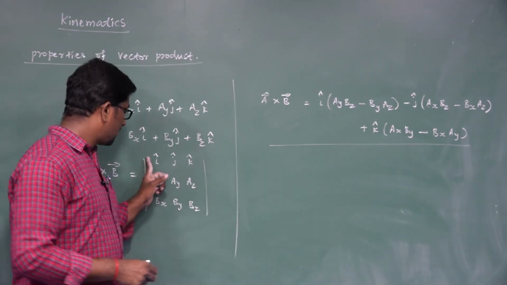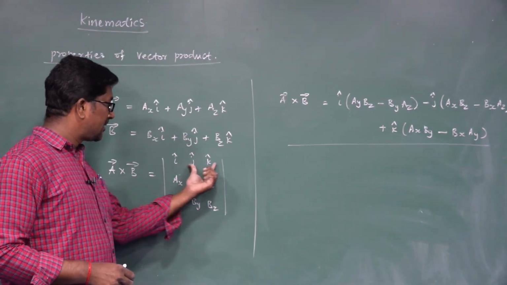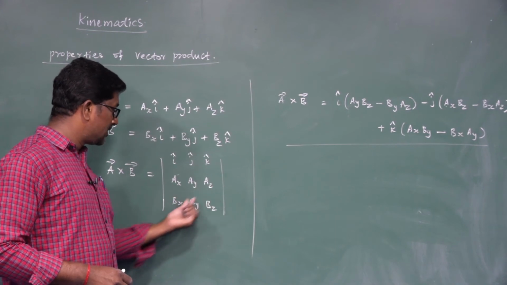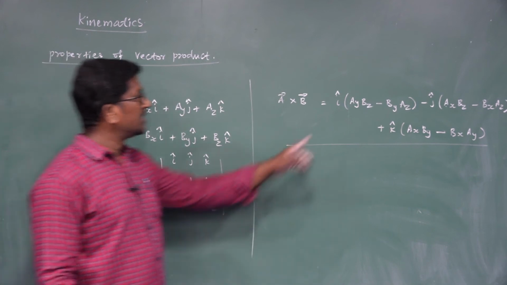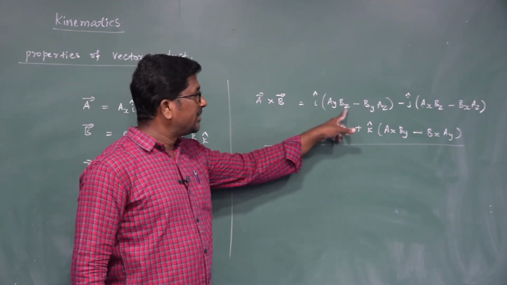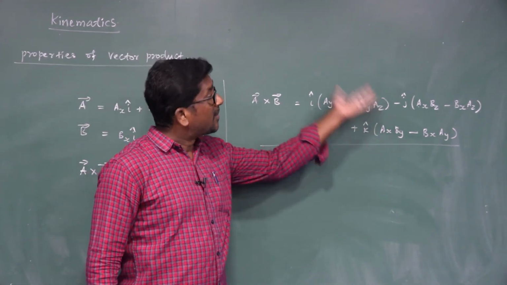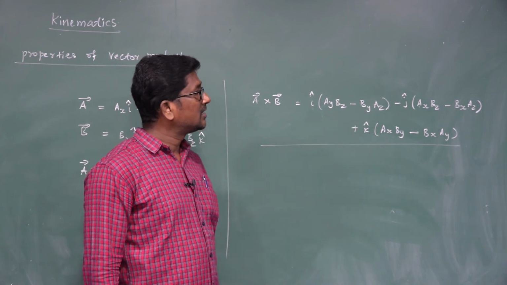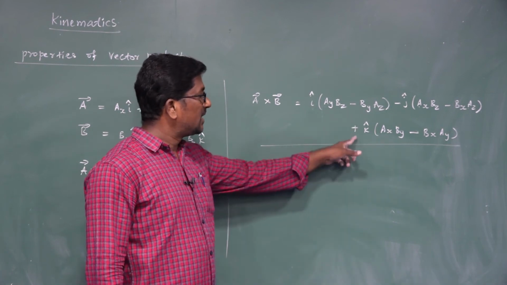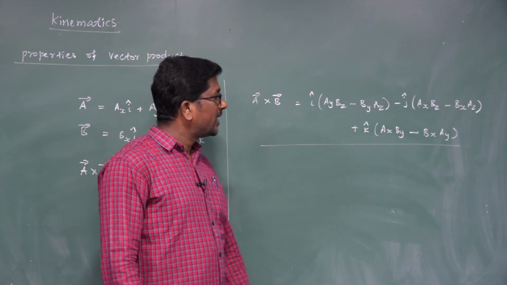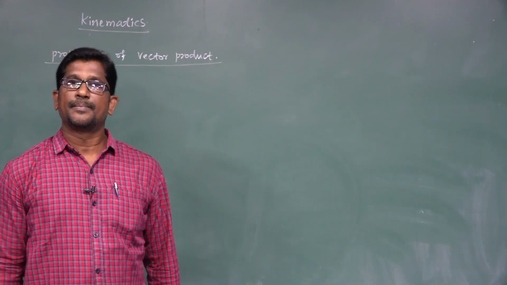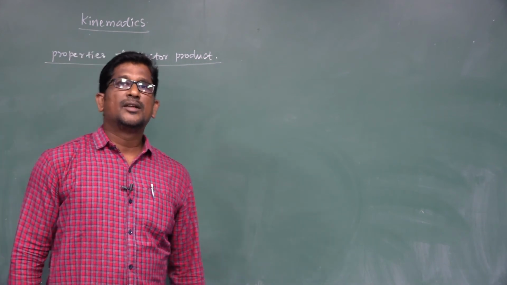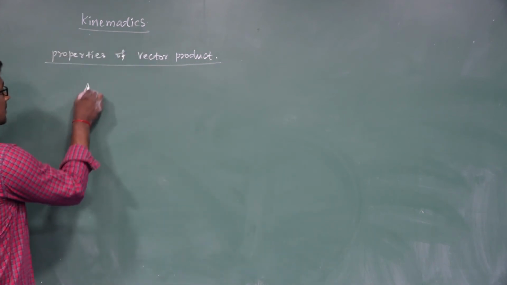It is either matrix form i cap, j cap, k cap, Ax, Ay, Az, Bx, By, Bz. On further simplification, we get i cap of Ay Bz minus By Az, minus j cap of Ax Bz minus Bx Az, plus k cap of Ax By minus Bx into Ay.